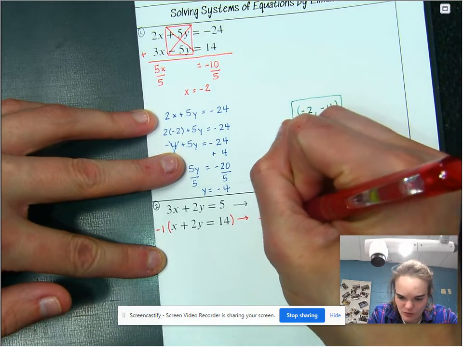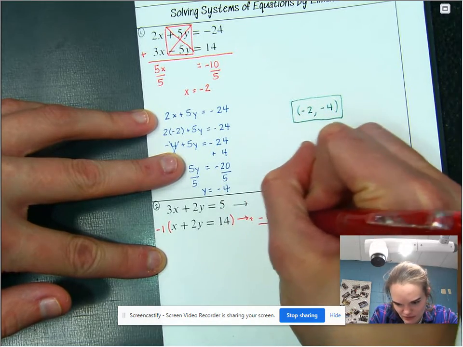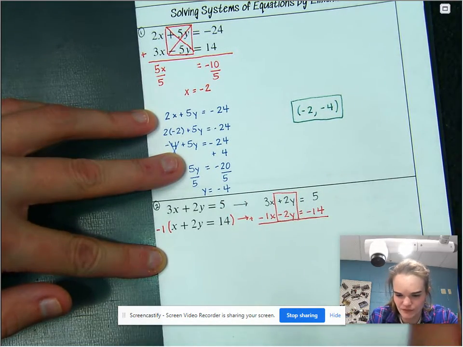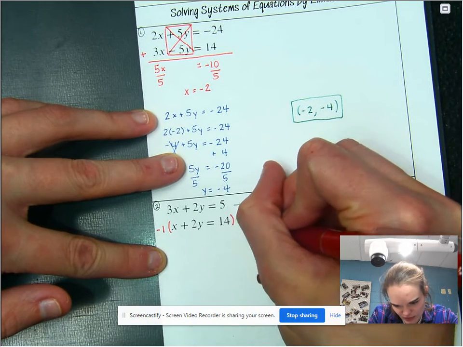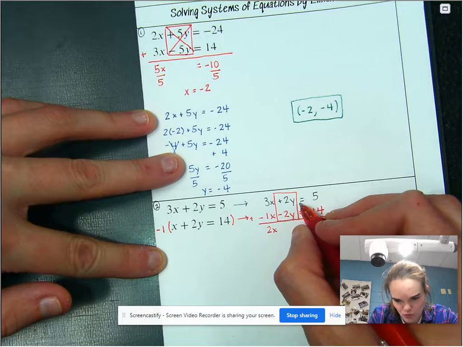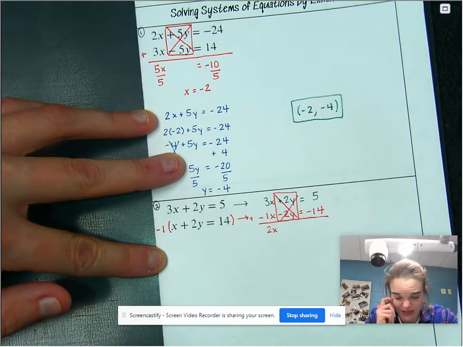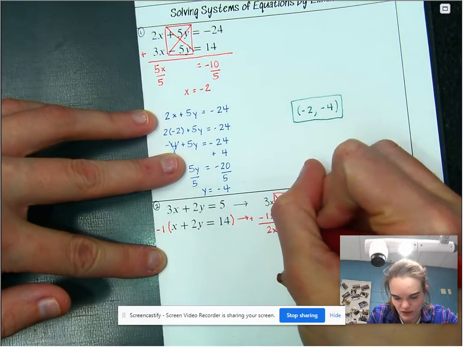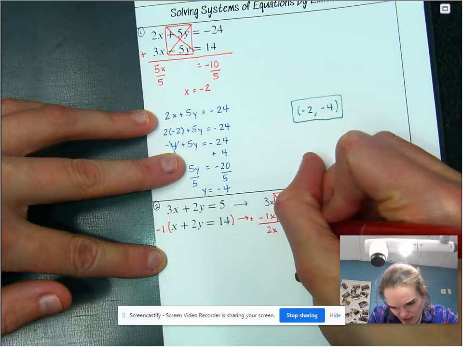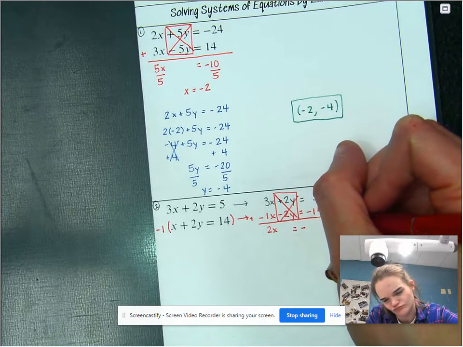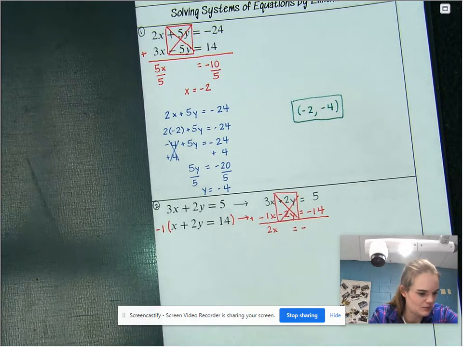Now I'm going to box in the ones I will be able to eliminate and add straight down. 3x plus negative 1x is 2x. 2y plus negative 2y, the y's will go away, eliminated, equals 5 plus negative 14 is negative, I think 9, but I better check.